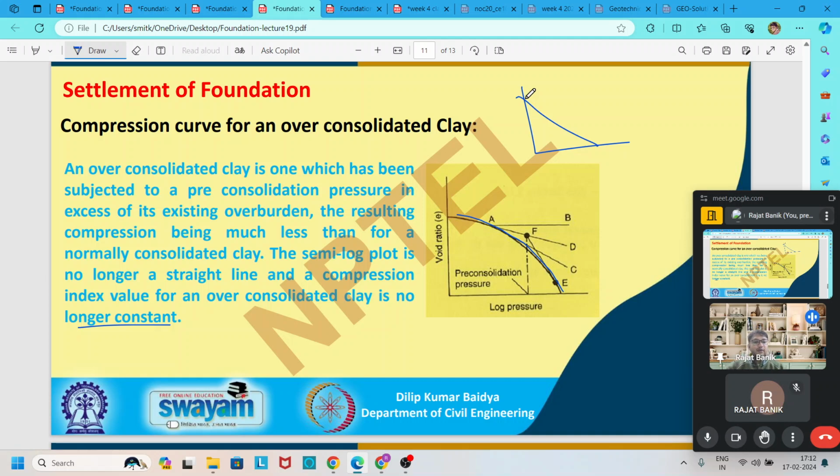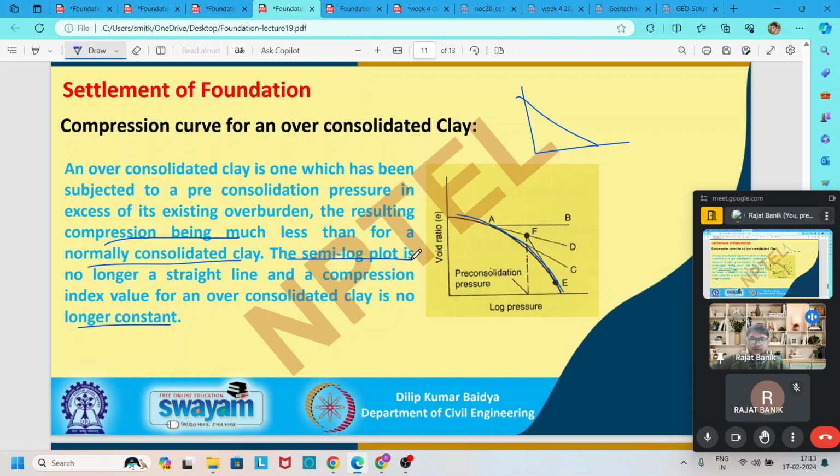That means if we apply a pressure greater than its existing overburden pressure, then it is called overconsolidated clay, and in overconsolidated clay the compression is much less than in normally consolidated clay.